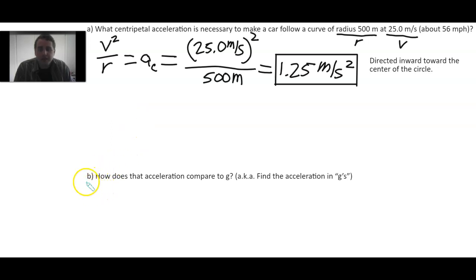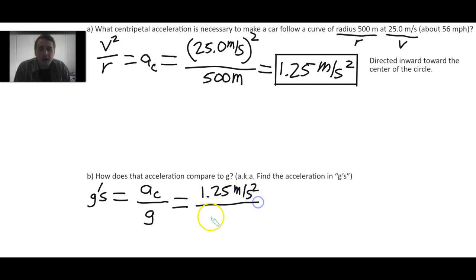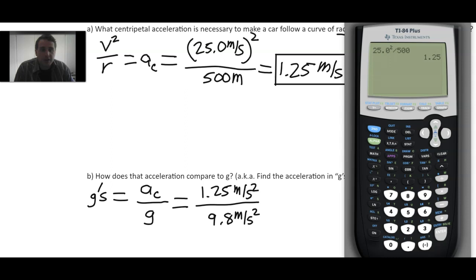Well, let's investigate. So g's, which in some sense is unitless, should be the acceleration, which in this case is the centripetal acceleration, divided by g itself for Earth. So this is 1.25 meters per second squared divided by 9.8 meters per second squared. Let's perform that calculation as well.